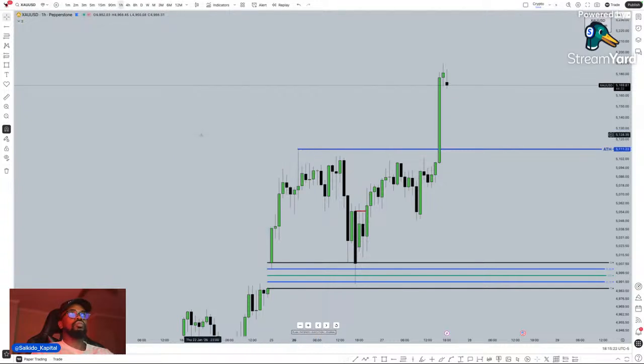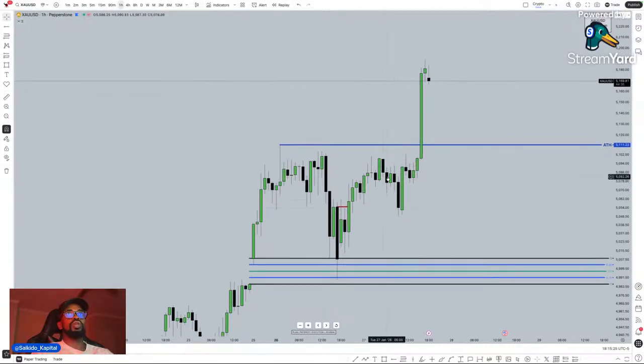This was my draw going into this morning's trading. Obviously, I'm referring to New York time. We already have a change in the state of delivery here on 1 hour.